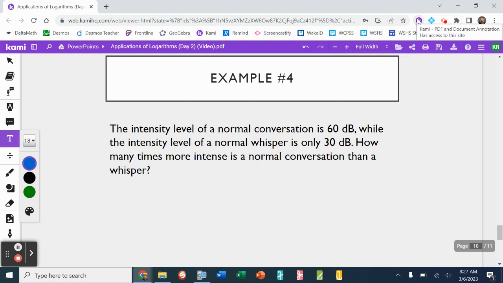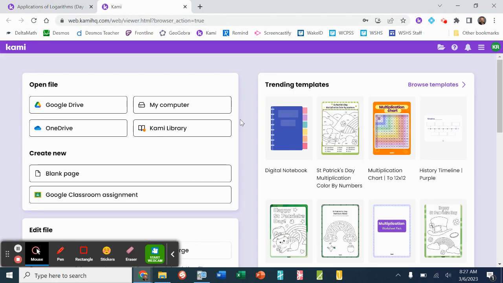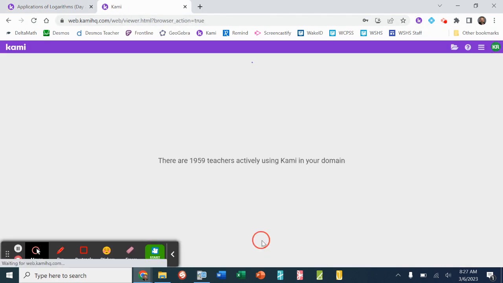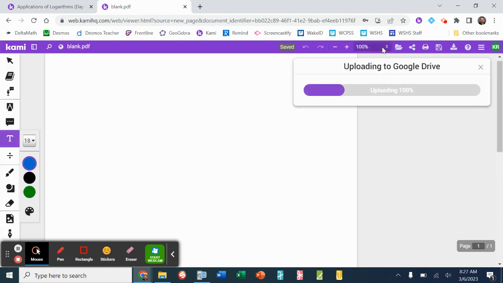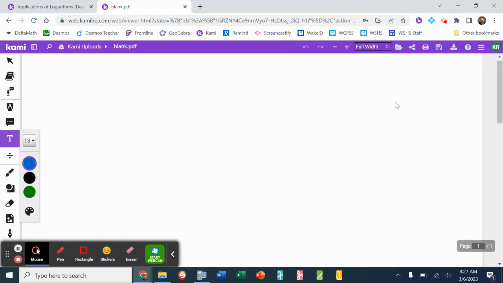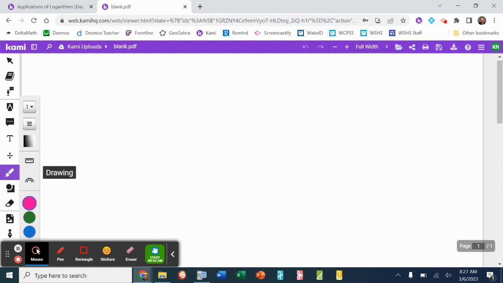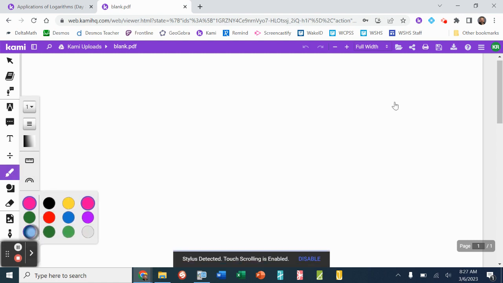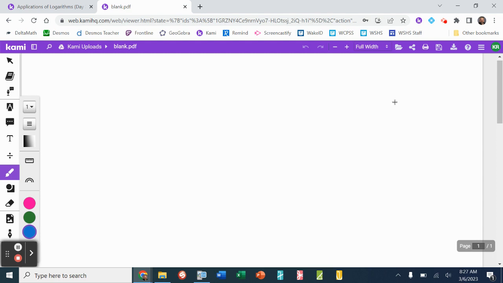So what we're going to do is figure out that difference in intensity. I'm going to open another document because I'm probably not going to have room to show you all the work for this. So we're going to be looking at the intensity for a standard conversation at 60 dB, minus that of a normal whisper.